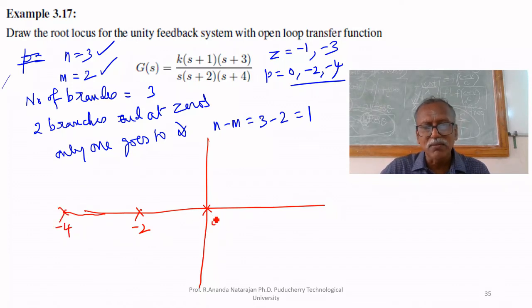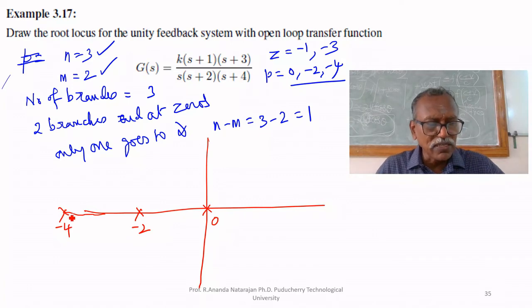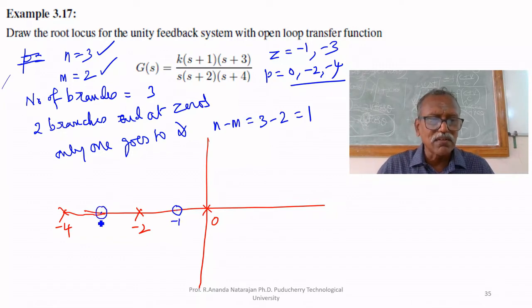One pole is at 0, another pole is at minus 2, another pole is at minus 4. The zeros: one zero is at minus 1, another zero is at minus 3.